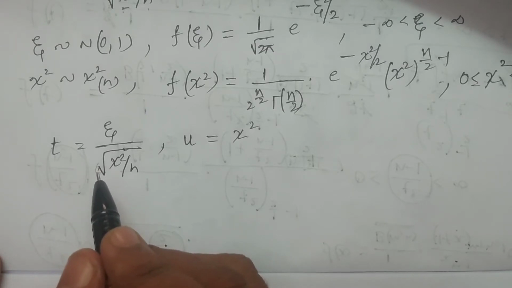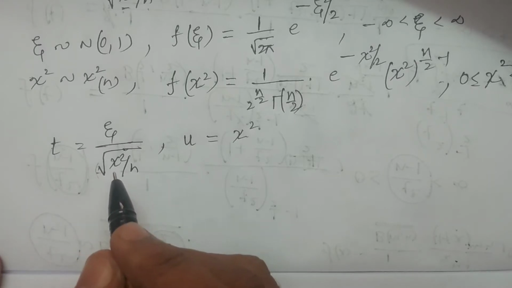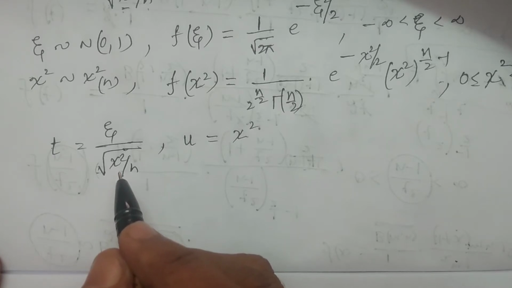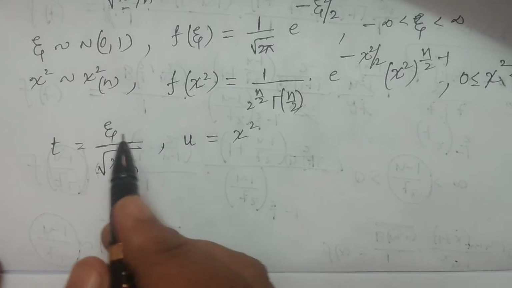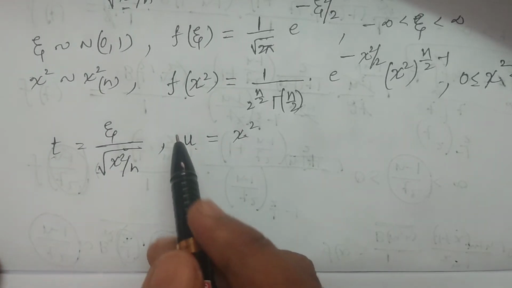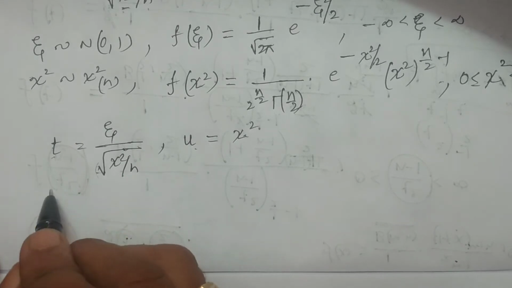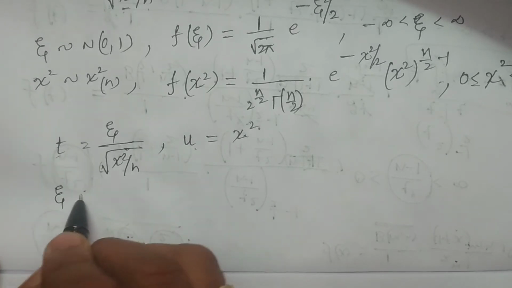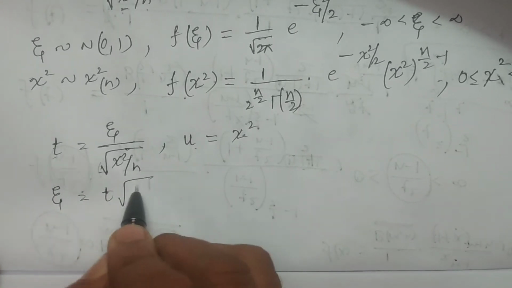First of all, transformations. How to calculate xi in terms of t and u, and chi square in terms of t and u. So both xi and chi square are to be calculated in terms of t and u, which are called transformations. So xi is equal to t into the square root of chi square by n.